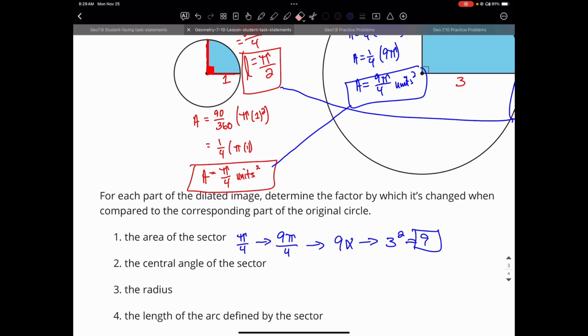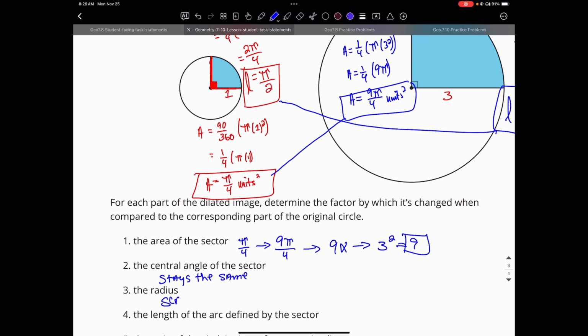The central angle, however, stays the same. They're both 90 degrees. So the central angle stays the same. The angle does not change. The radius, obviously, has a scale factor of 3, right? So it's 3 times bigger.